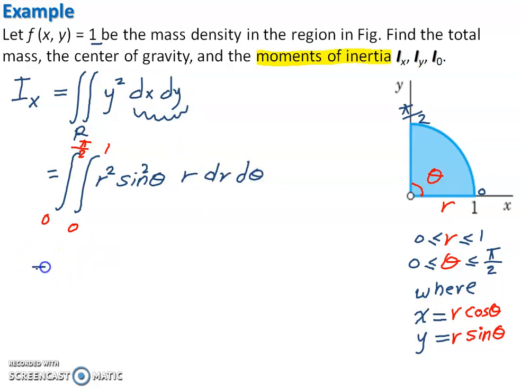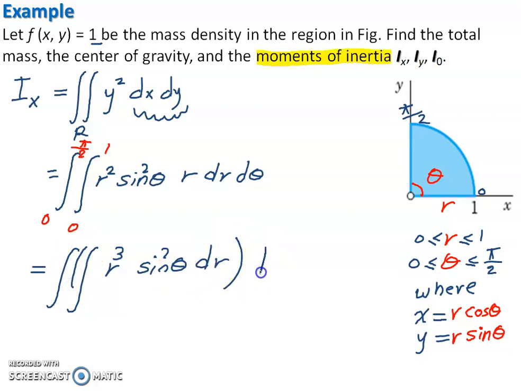We're going to integrate first with respect to r, so we multiply r squared with r, it will be r cubed sine squared theta. We find this integration with respect to r. First treat theta as a constant and keep the same limits of integration.